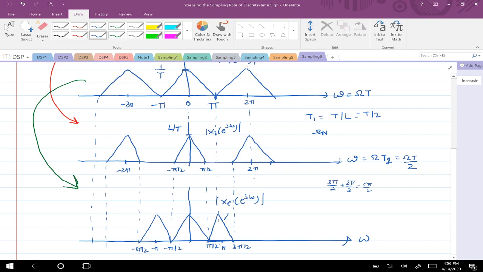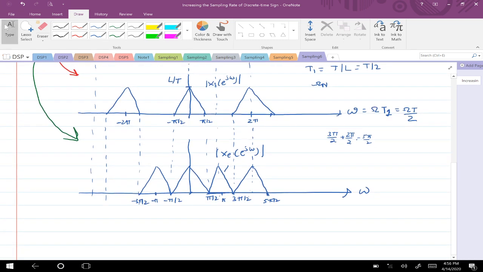So this would be centered at 2 pi, right? And that would end at 5 pi by 2, that's there. Okay, so 3 pi by 2, this is 5 pi by 2, and so on, right? I could write on the other side also.